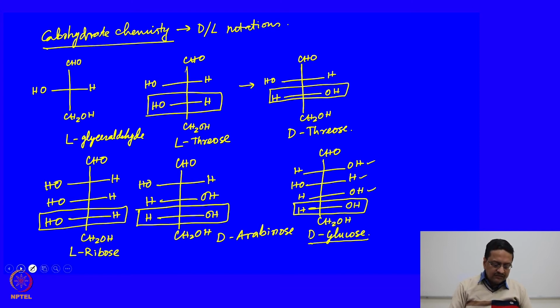So, now if this D-glucose is oxidized to glutaric acid or aldaric acid, the same product has two different names.